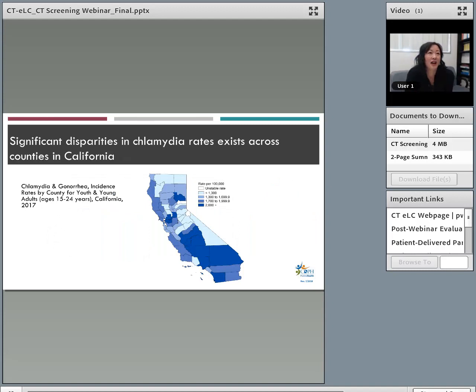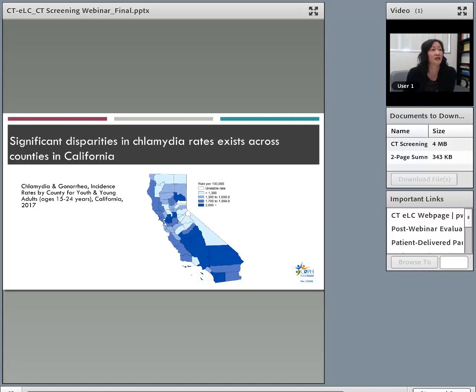But one of the things that I wanted to hone in on, because we did show a national heat map showing high rates of chlamydia, is California first. There are big disparities among various counties in California. For those of you who are sitting in LA County right now, that's one of the counties involved here, there are very high rates of chlamydia, particularly for youth 15 to 24 years of age. We'll also see counties at the border affected, and coastal and inland communities.